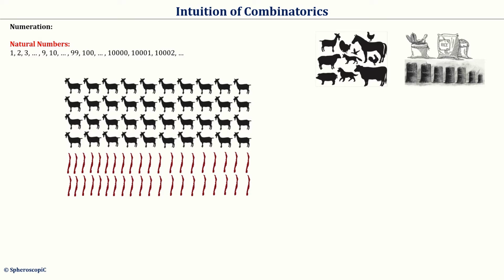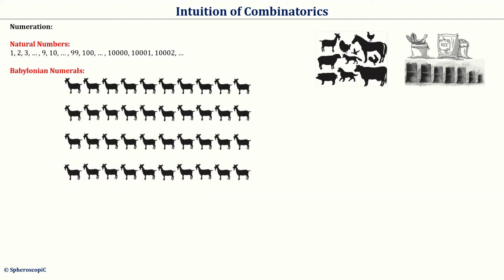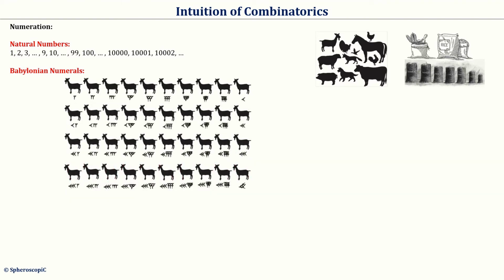In 19th century BC, people from Babylonian civilization came up with a solution by introducing Babylonian numerals, a sexagesimal or base 60 positional number system, which enabled a person to identify these animals through positional sequence of symbols like this. This positional number system made easier for a human mind to get an idea of how many, just by looking at this last symbol or sequence of symbols.